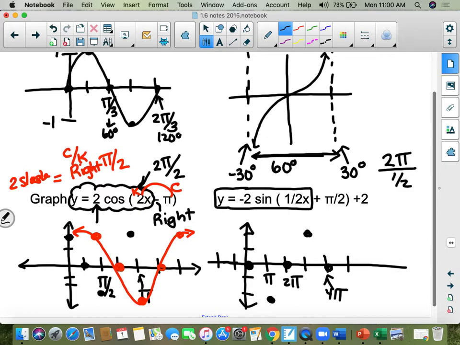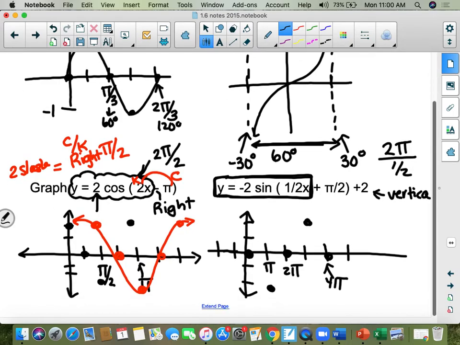I could connect these 5 if this was the answer, but I'm going to shift all of these. This makes a vertical shift, if you remember a while back. And your horizontal shift is pi divided by 2 divided by 1/2, which is pi divided by 2.